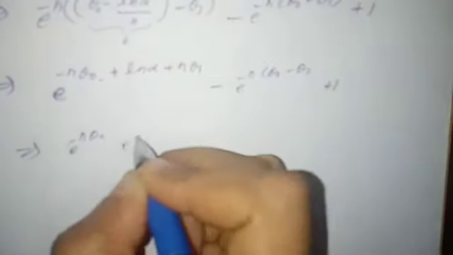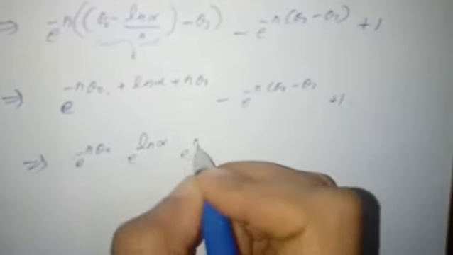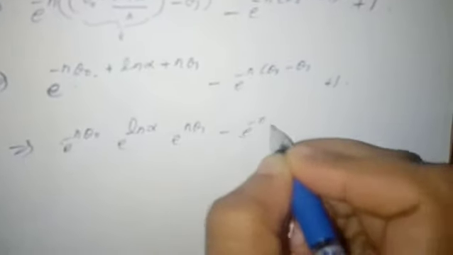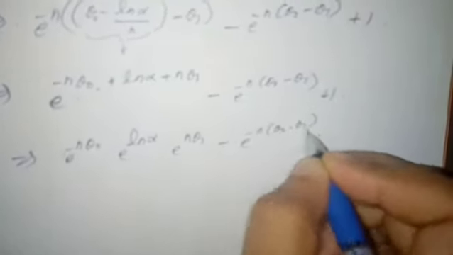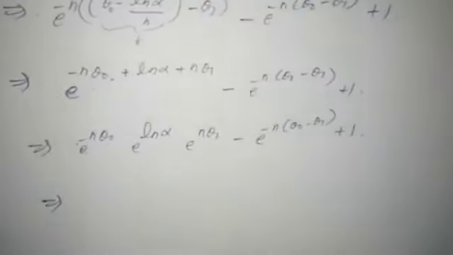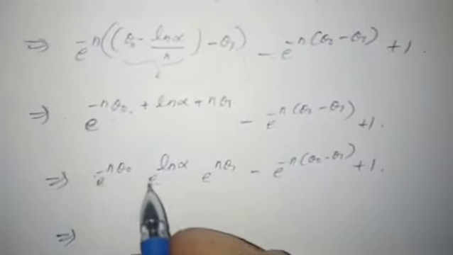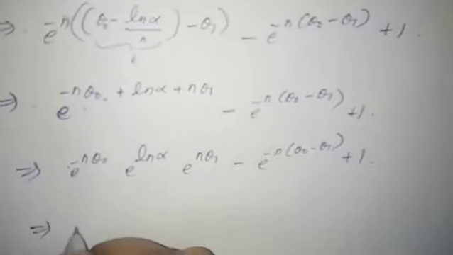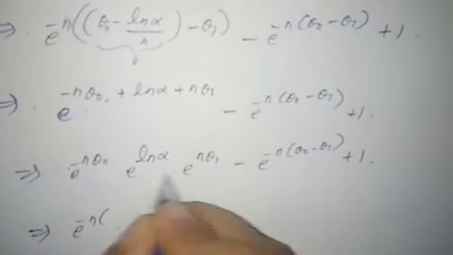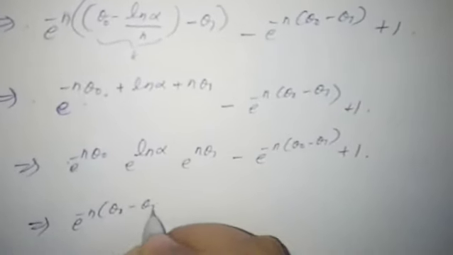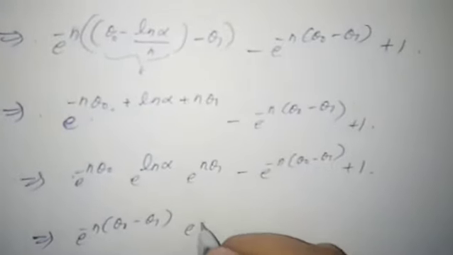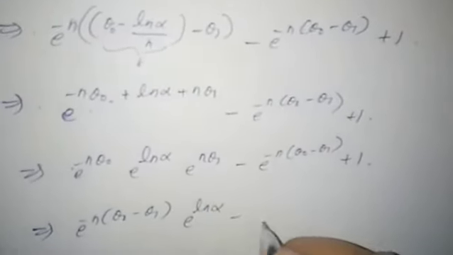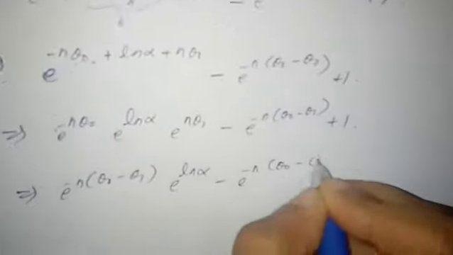Which implies you can write this term as e power minus n theta naught, e power ln alpha, e power n theta 1, minus e power minus n theta naught minus theta 1, plus 1. We can write these two together, because here n and here n, as e power minus n theta naught minus theta 1 into e power ln alpha, minus e power minus n theta naught minus theta 1, plus 1.